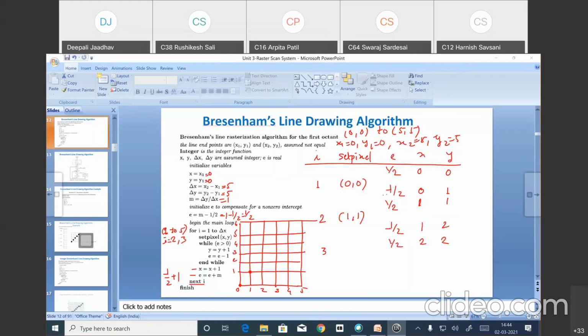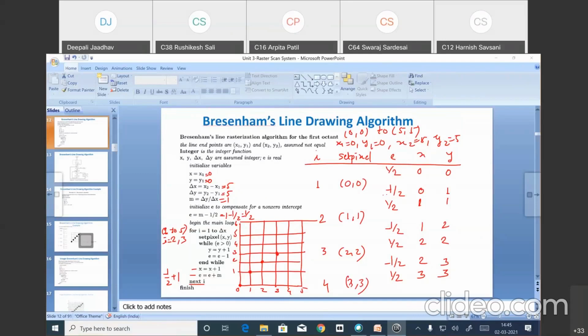Now i is increased to 3. Set pixel x comma y, 2 comma 2. Then again check E is greater than 0, so increase the value of y. E is equal to E minus 1, then end while, x is equal to x plus 1, and E is 1 half. Then increase the value of i by 1, it becomes 4. Set pixel 3 comma 3.